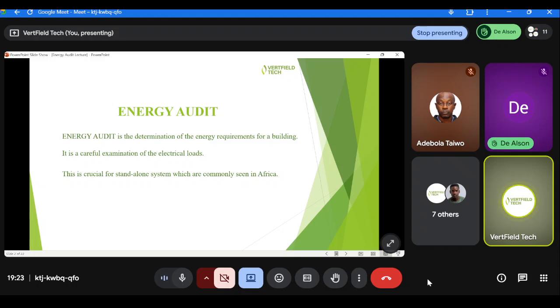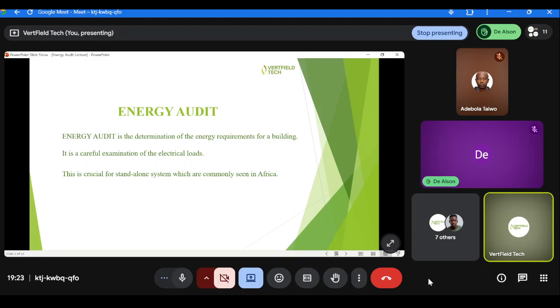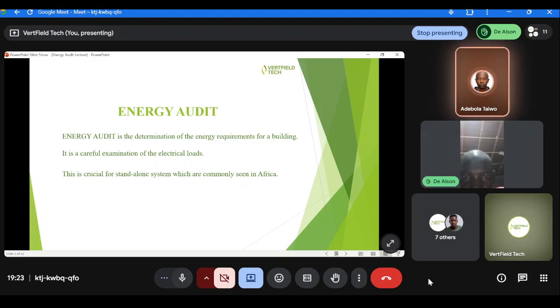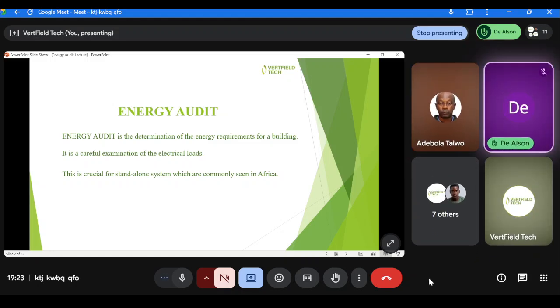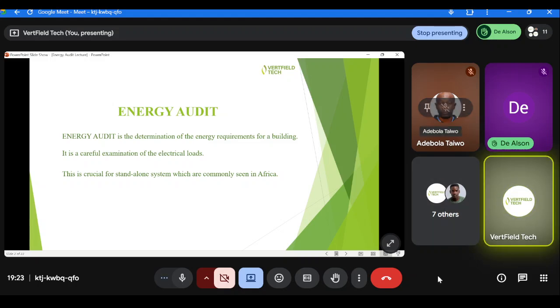Mr. Taiwo, what can you see on the screen, please? Energy audit. All right, thank you so much. Energy audit, yes. Just as we were discussing earlier, energy audit is the determination of the energy requirement for a building.